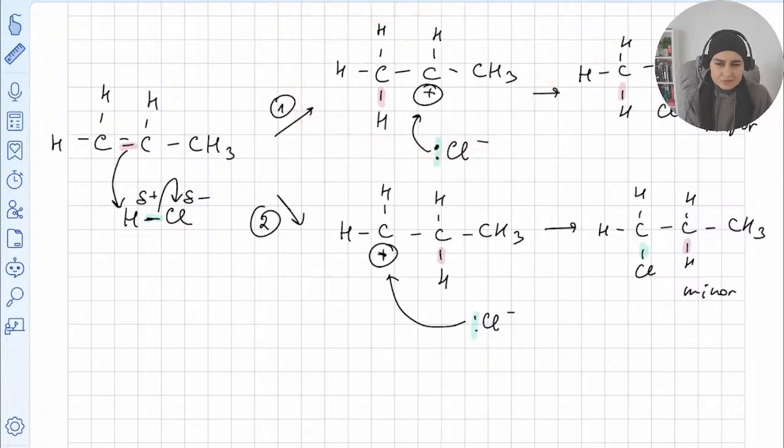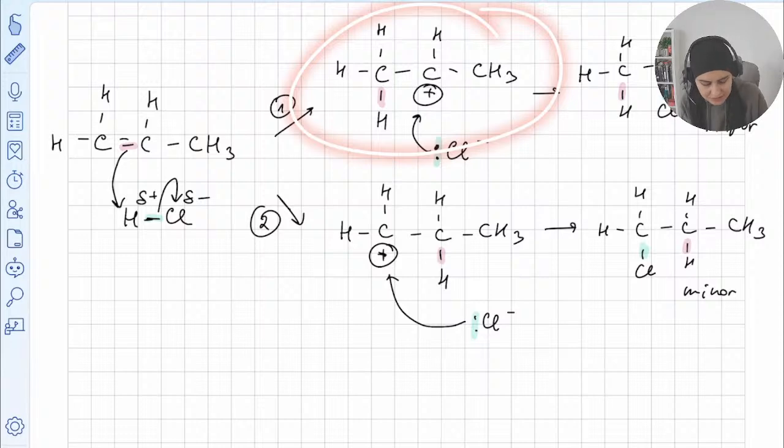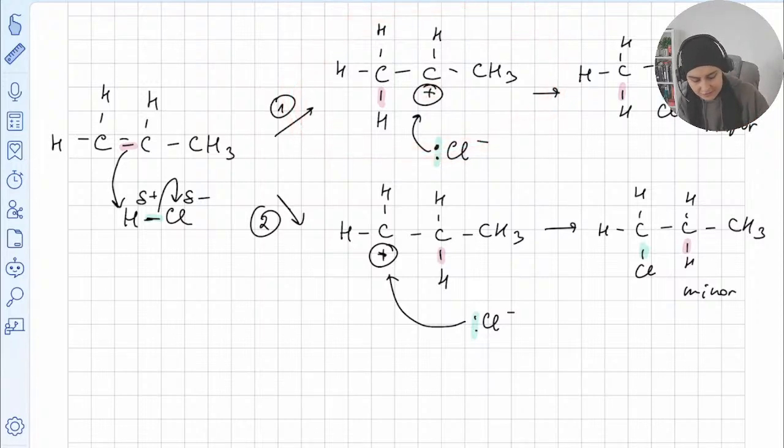Now let's explain why the secondary carbocation is more stable. In organic chemistry, whenever you have a large charge somewhere, it makes it less stable. And if you somehow compensate for that charge, you make the substance more stable. So in the secondary carbocation, this plus is stabilized by the positive inductive effect from these two CH3 groups.